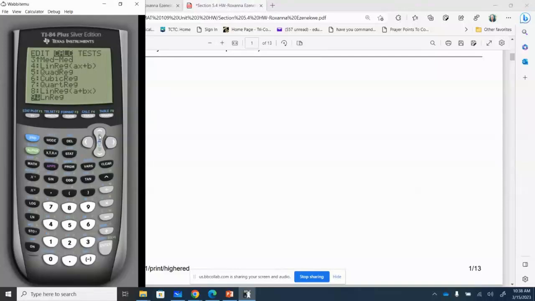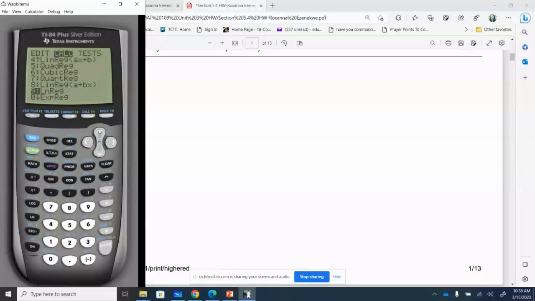Whenever you see LinReg, no, that's not that. I'm looking for logarithmic. Now that is natural. Do you see natural log there? Natural log regression. That is logarithmic function.